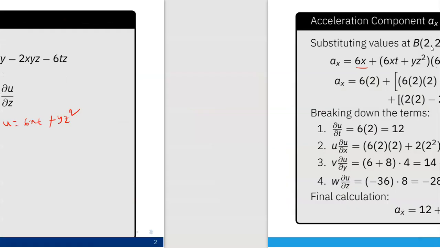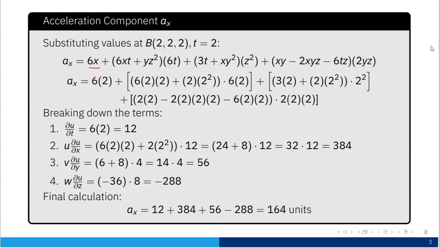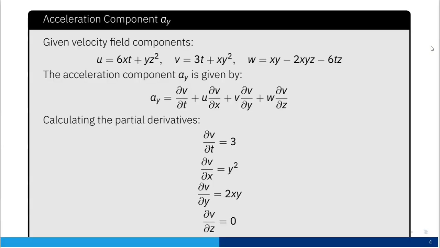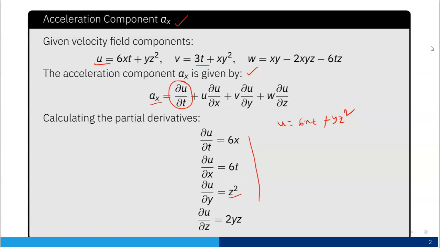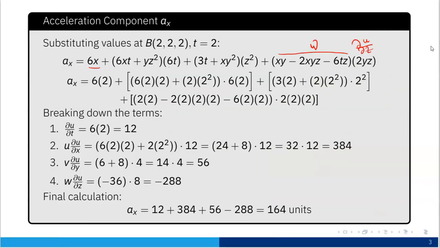So that will be 3t plus xy² into z², plus w into ∂u/∂z, which is nothing but 2yz. So we plug in that 2yz. This term is v ∂u/∂y, this term is u ∂u/∂x, and this term is ∂u/∂t.